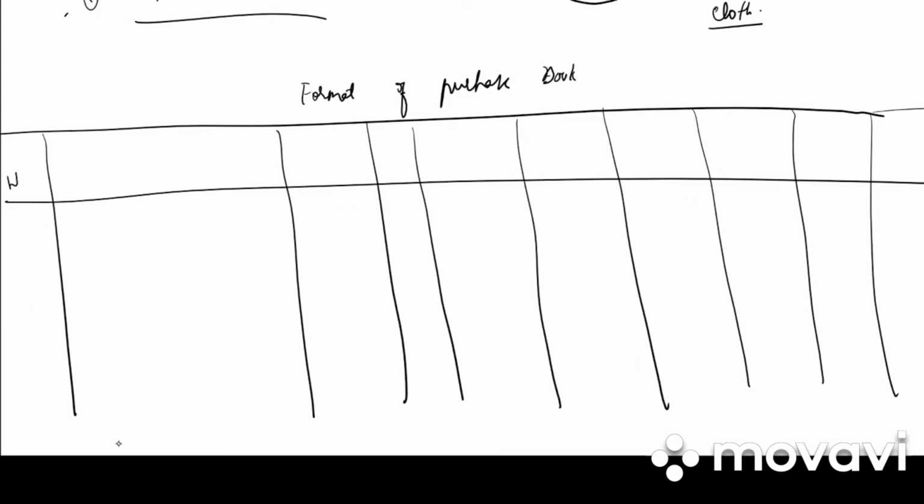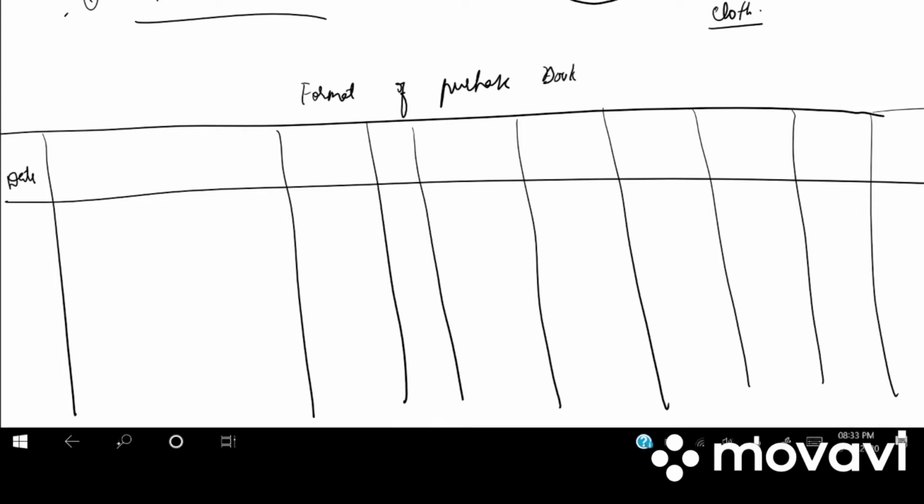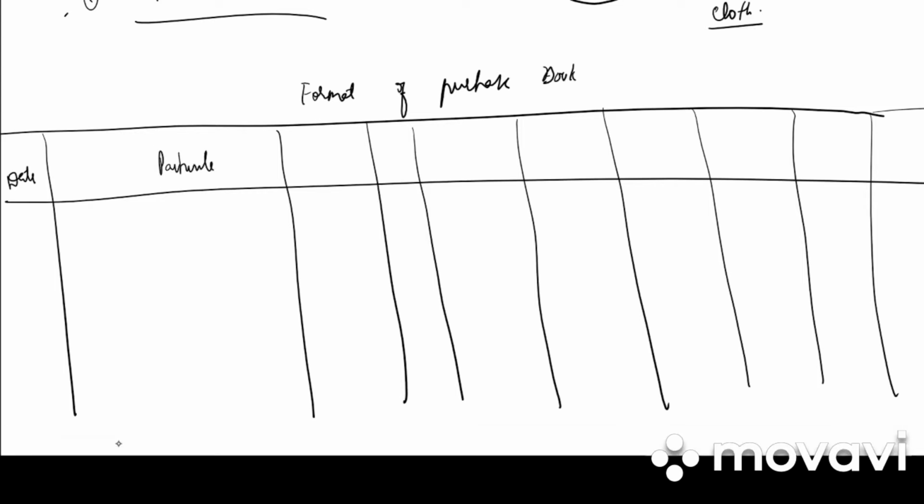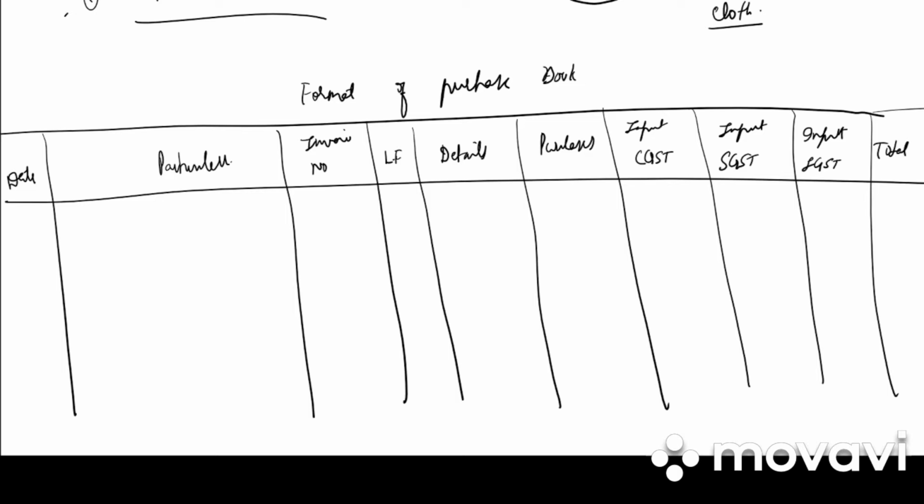So write down first column is date, then we have particulars, then we have invoice number, LF, details, purchases, input CGST, input SGST, input IGST, and last column is total.